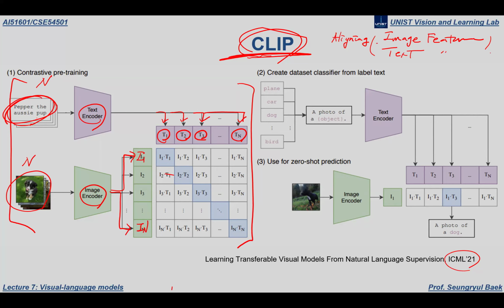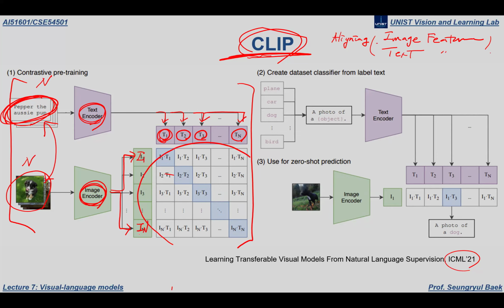For example, the first text description describes the first image, and the second describes the second image. They come from the same source, so we have to carefully select these image and text pairs, and then use the image encoder and text encoder to extract n features for both text and images.